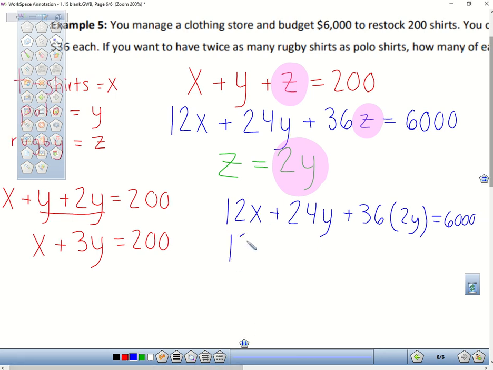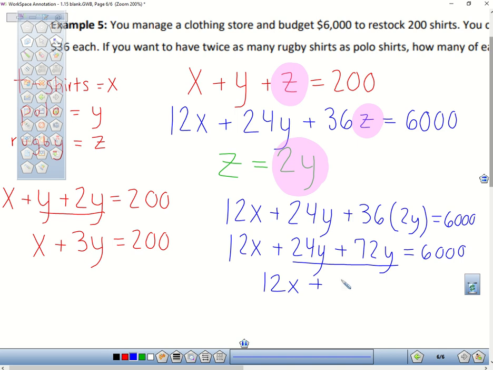So that's going to leave me with 12x plus 24y plus 72y is equal to 6,000. I'm going to combine like terms. I think that gives me 96, is that right? Thank you. 96y, and that's what I have so far.